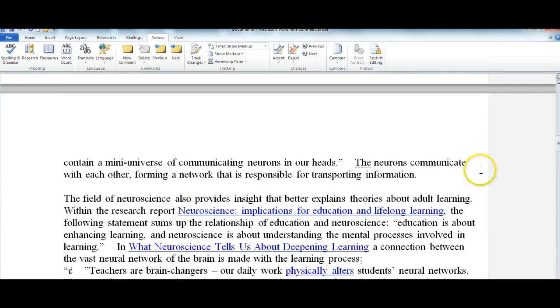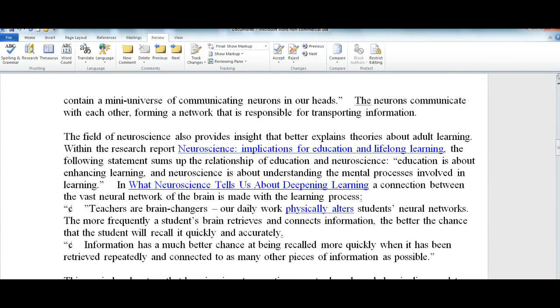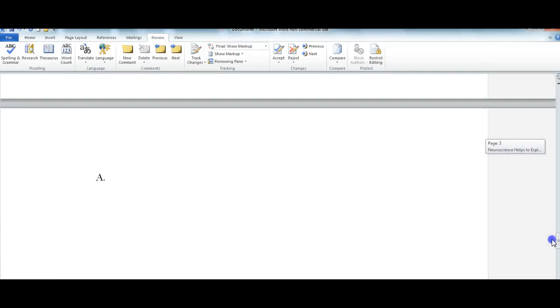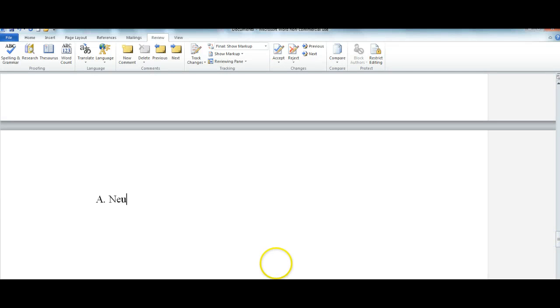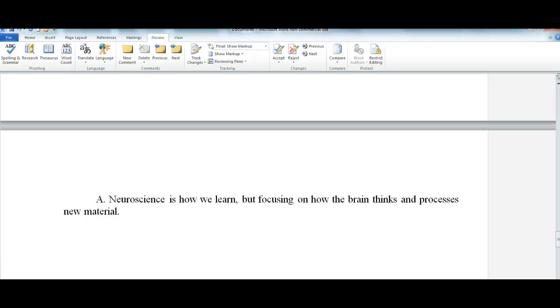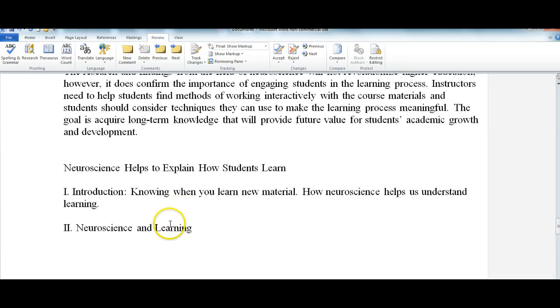So for the purposes of this, I'm going to say neuroscience is how we learn, but focusing on how the brain thinks and processes new material. So I've kind of put this in my own words. Sometimes I'll have to go back and adapt because maybe I've been too simplistic and left something out. So I'll continue on with this outline, just tagging it right on the end of that.